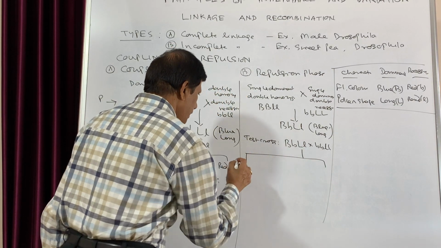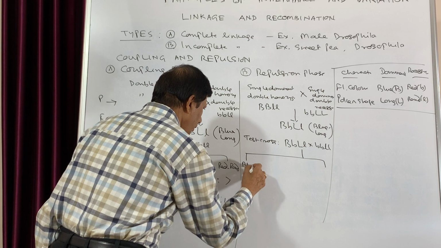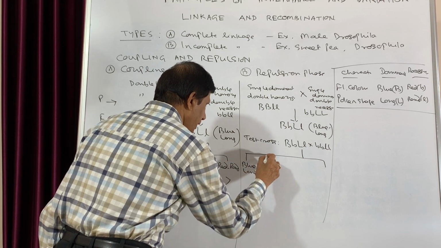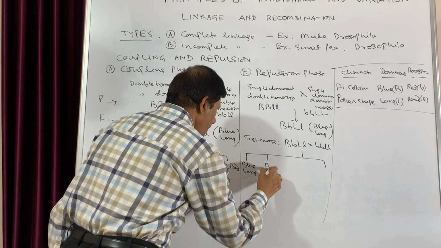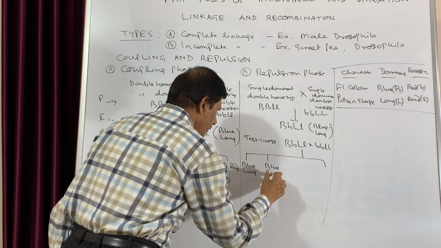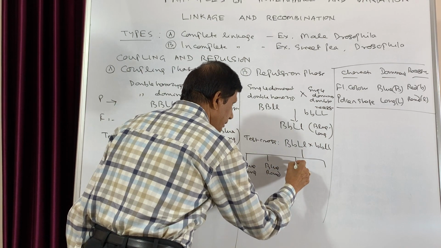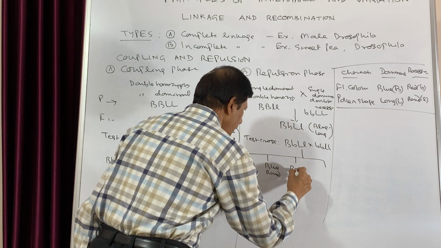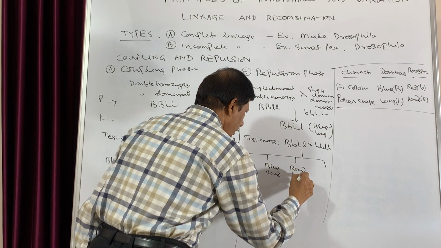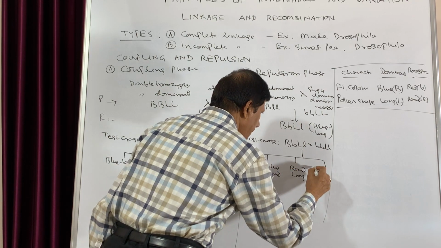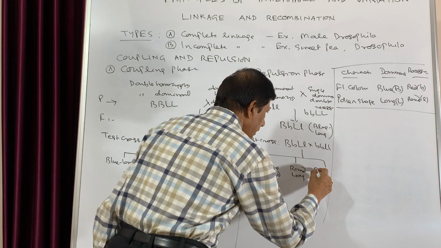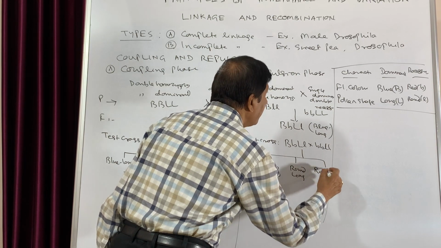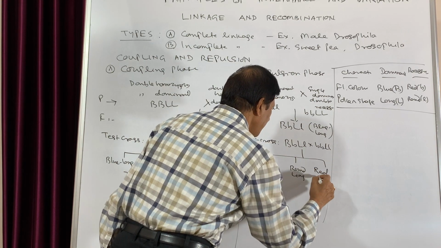Now in this case, the blue long, then blue round, then the third one is round long, then the fourth one is red and round.